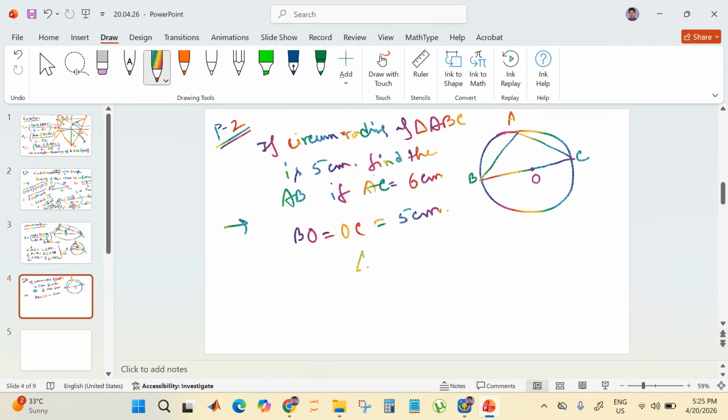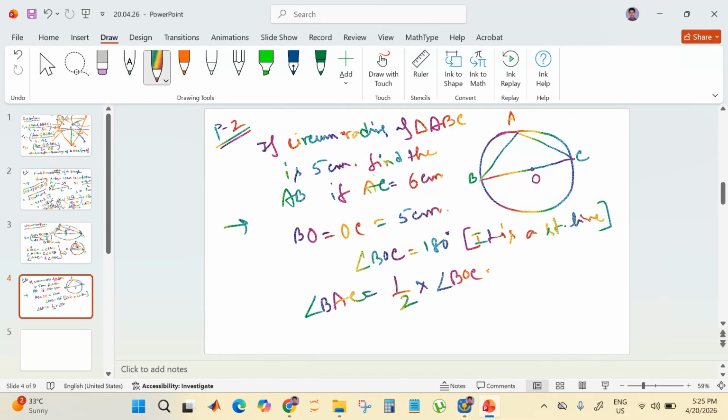That means angle BOC equals 180 degree because it is a straight line. So according to the theory, angle BAC will be half of the angle BOC.